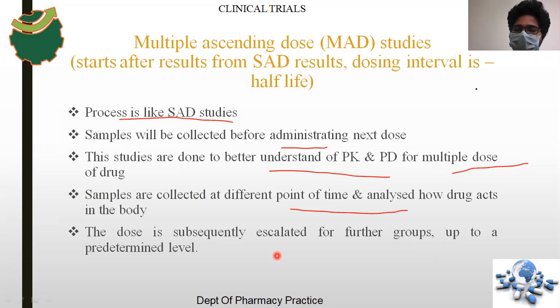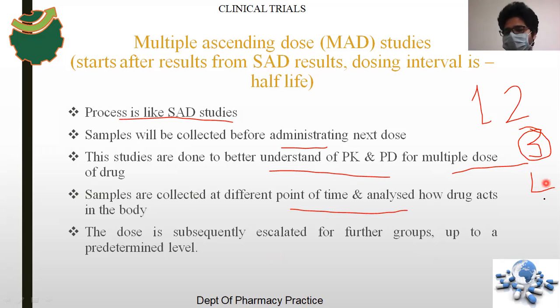Supposing batch 1 receives 500 mg three times, batch 2 receives 650 mg, batch 3 receives 1000 mg. At 1000 you came to know there are certain side effects, and that is the intolerable dose. So you'll have a batch 4 where you will see 900 mg or 950 mg, because 1000 mg shows side effects.